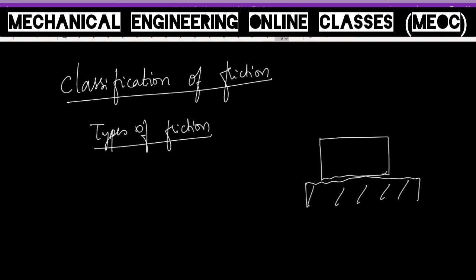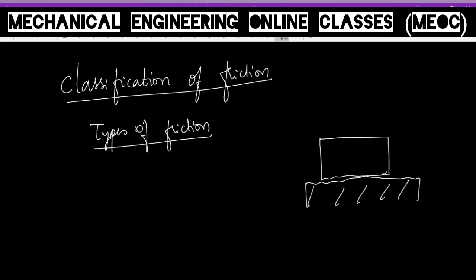In case there are two solid objects which are intact and the contact surfaces are rough, because ideal surfaces don't exist. Ideally, if a surface is smooth, the friction will be zero, but a surface is not 100% smooth. Most of the cases, almost all surfaces will have some roughness.